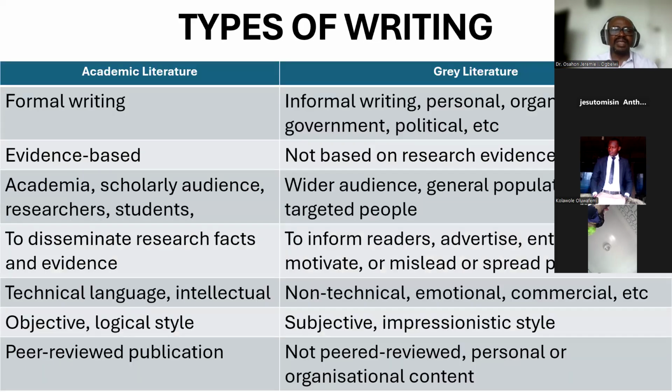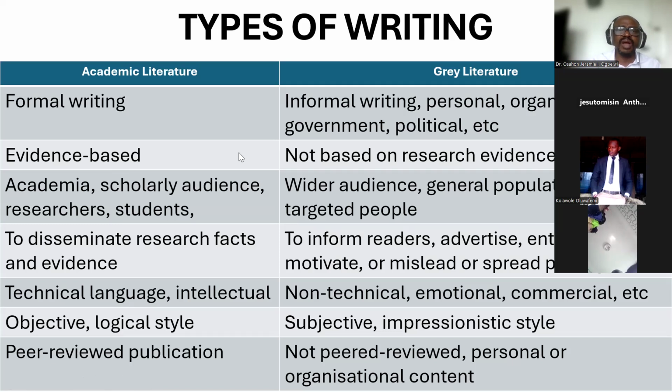So, and then there are reports that are written according to the type of literature, or the type of writing. On this particular basis, the style of writing, there are two broad types.